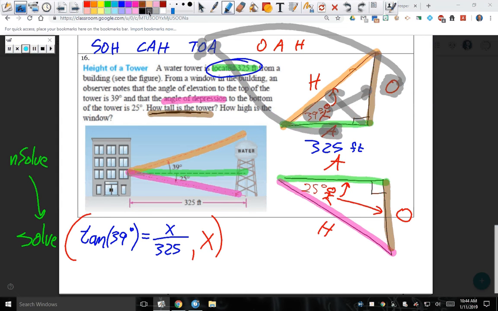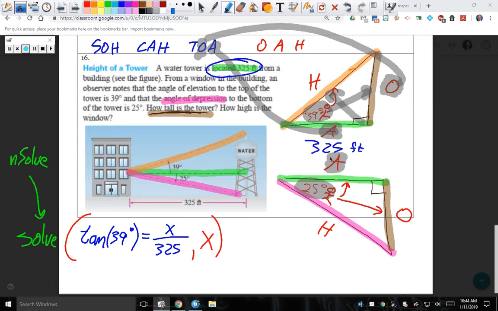Our body is here at the angle. O, A, or H. Which two letters are we going to use? Which ones do we want to find, or which ones are we given? We're given A. We're not given H. But we want which one?